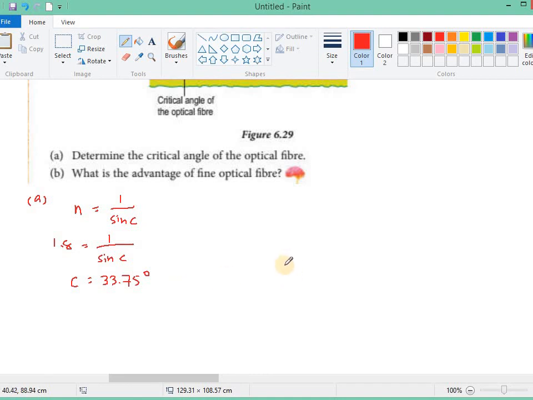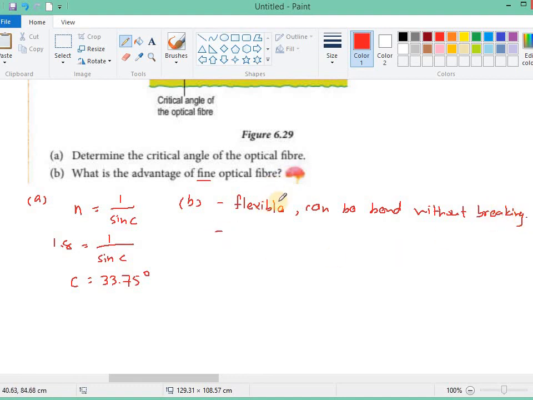This will be the critical angle of the optical fiber. So what are the advantages of fine optical fiber? First, it is flexible, can be bent without breaking.